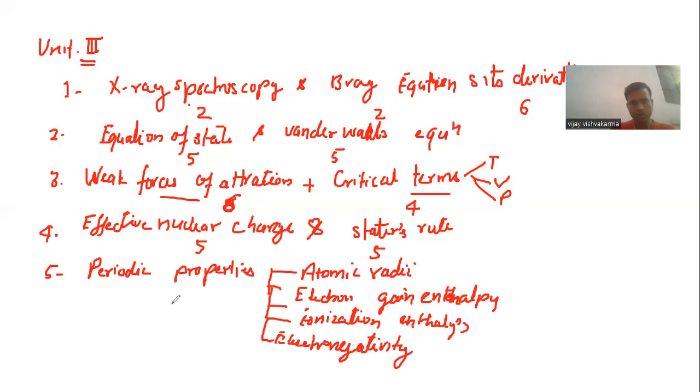So these all have a total of 10 weightages. What are the periodic properties? 2, 2, 2 and 2.